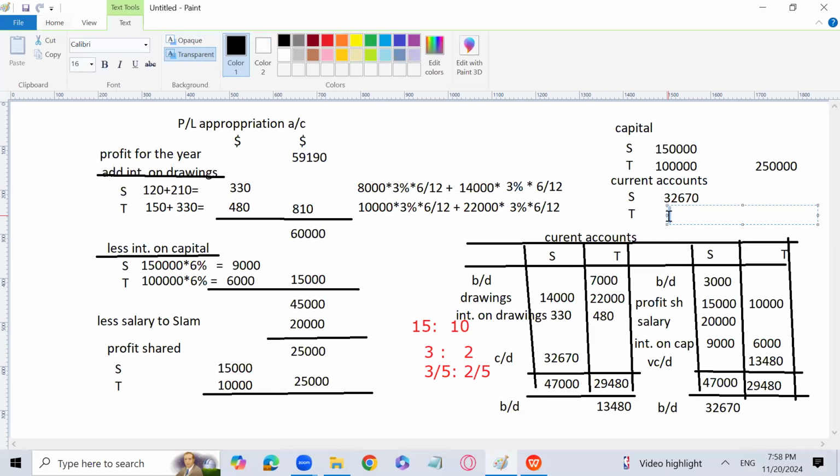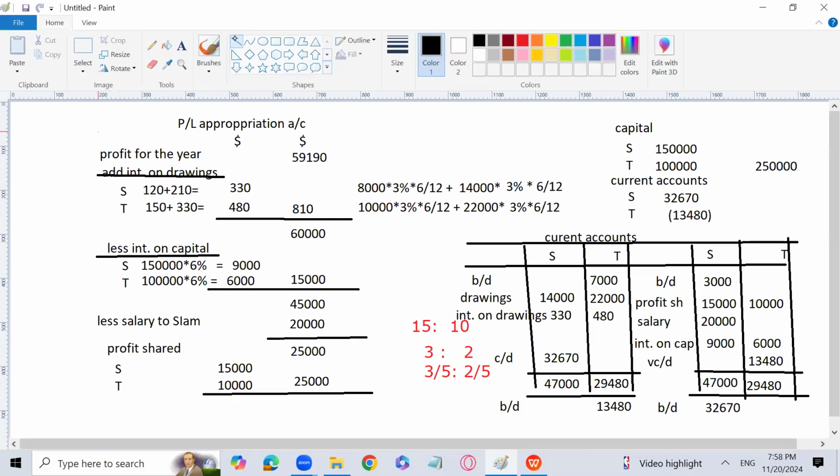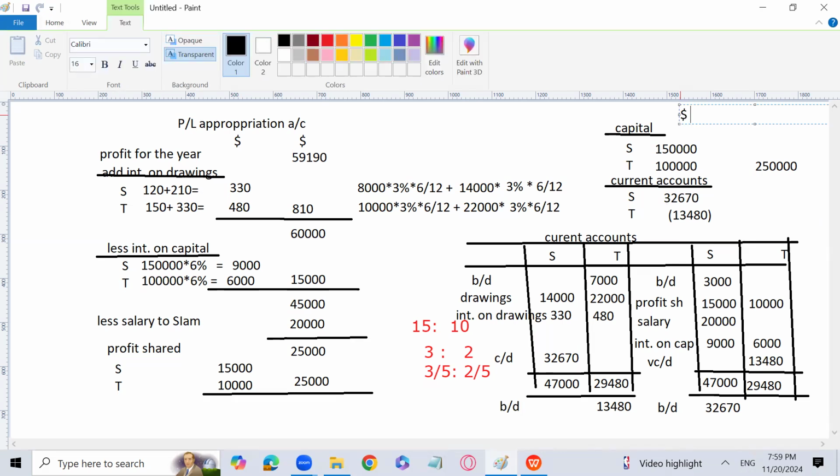And for T, we have a debit balance of 13480, which is a negative balance. So we will write it in brackets because it is a loss for T, which we are supposed to record in the statement of financial position. So there is going to be a loss in the current account of T.